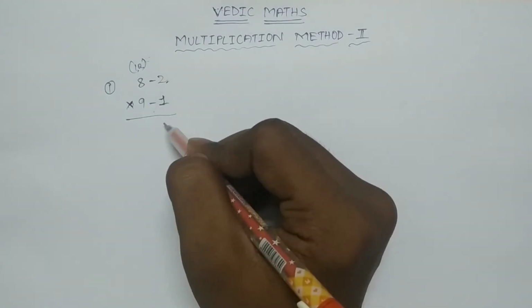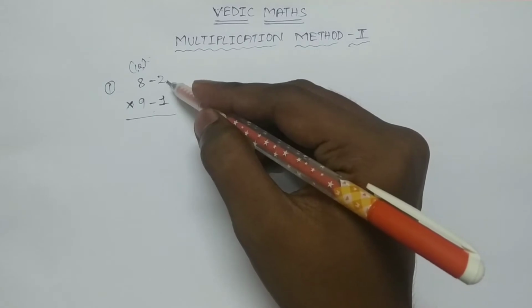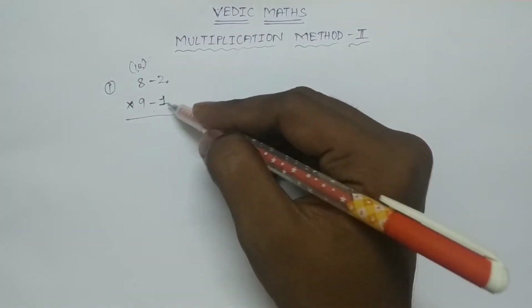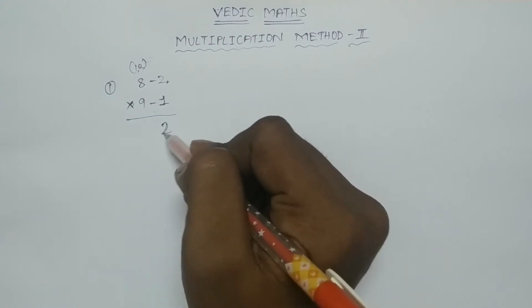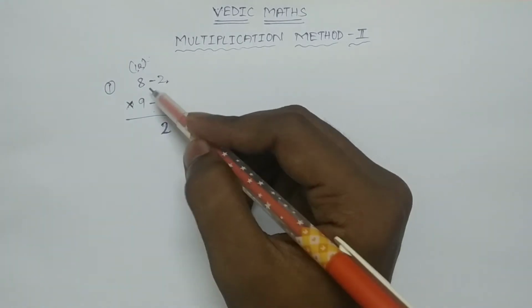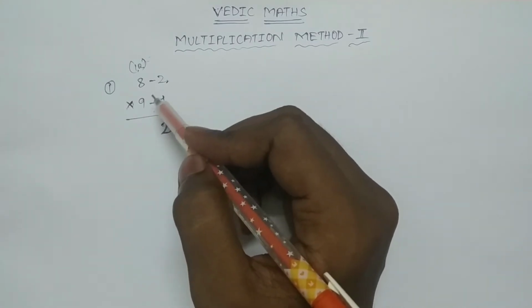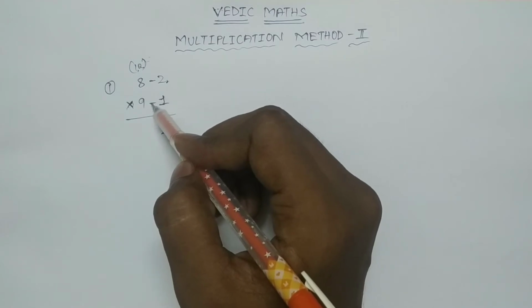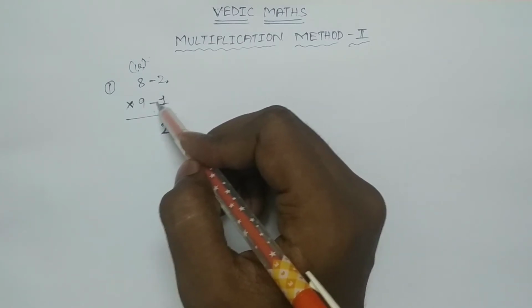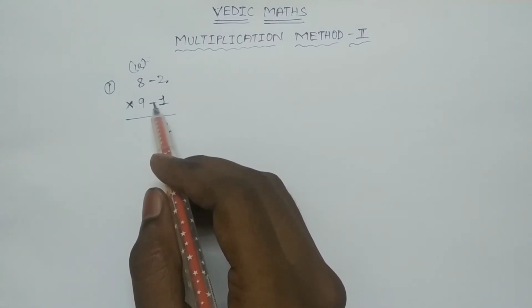Now the right hand value and the left hand value. The right hand value will be obtained by multiplication of the right side values. Now I am multiplying 2 into 1. The value is 2, and now the left side answer will be obtained by crosswise subtraction. Here we are doing subtraction because we have the minus symbol here, so it is less than 10.